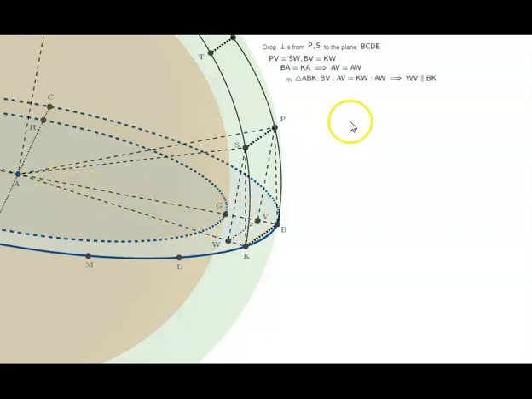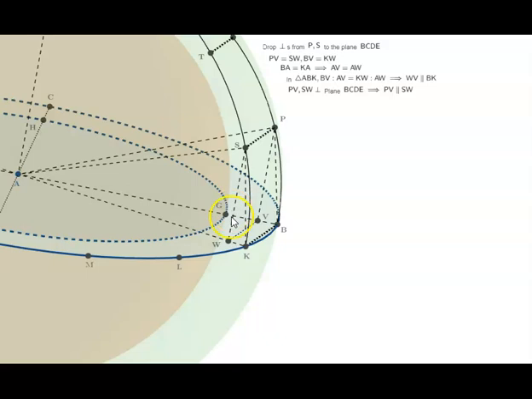Now, in triangle ABK, because of these equalities, we have a proportion. BV is to AV as KW is to AW. So that means WV is cutting the 2 sides of a triangle in proportion, which means that WV is parallel to BK.